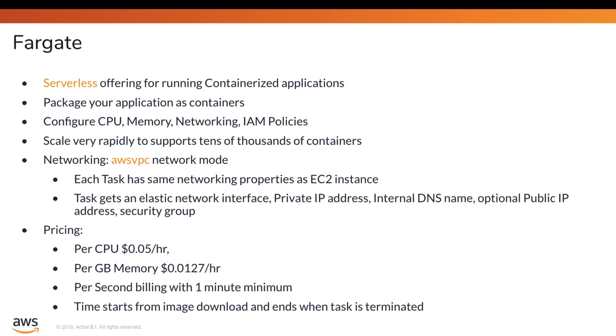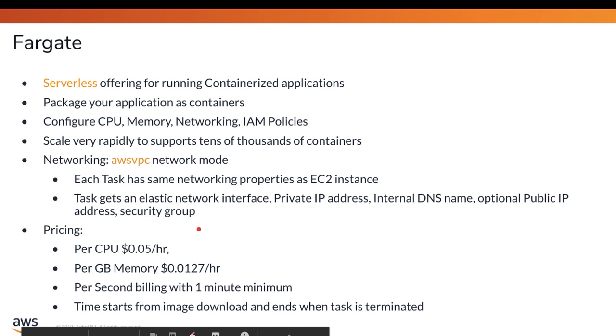The main difference between Fargate and EC2 launch type is that AWS VPC networking mode is the only option with Fargate. An Elastic Network Interface is created for each task. If you choose EC2 launch type, you might have to choose AWS VPC networking mode, and you would get the same capability.